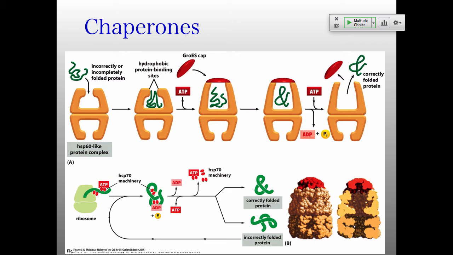So what's happening is it's binding to the outside of this cavity on the inside, going back and forth until you finally have a properly formed protein. The top comes off, and you have your margarita, daiquiri, whatever you want to have at that point afterwards.